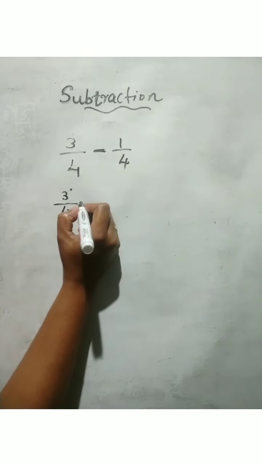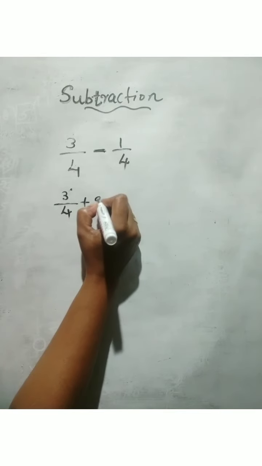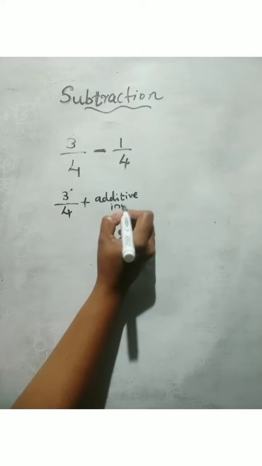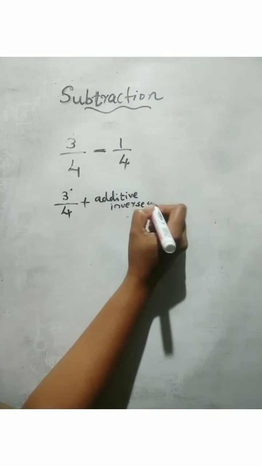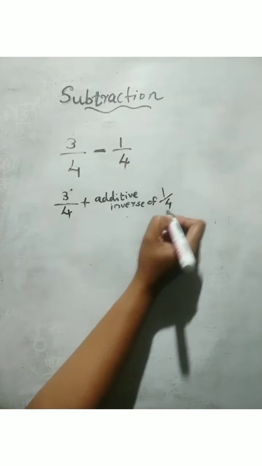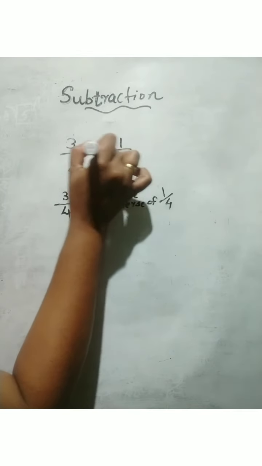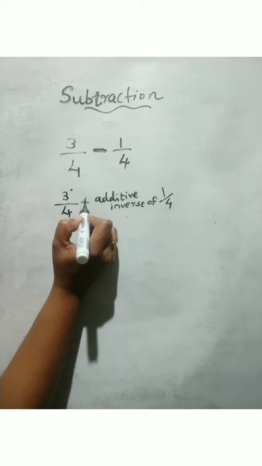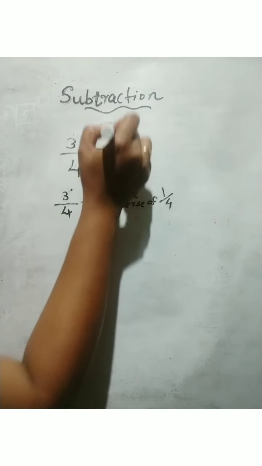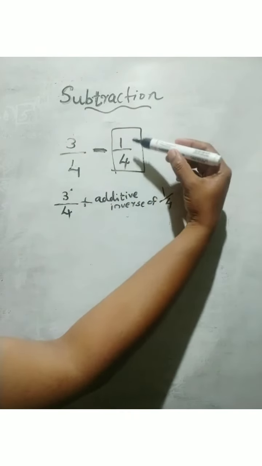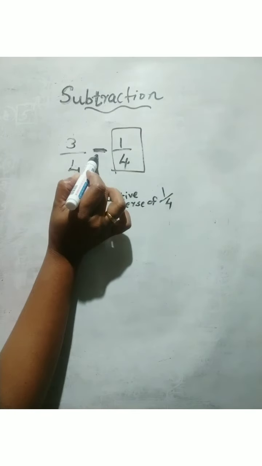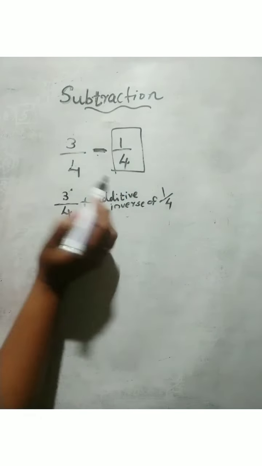Here, 3 on 4 plus the additive inverse of 1 on 4. Here, only one minus is there. That minus is the operation, and we don't want to consider it while finding the additive inverse of this second fraction.